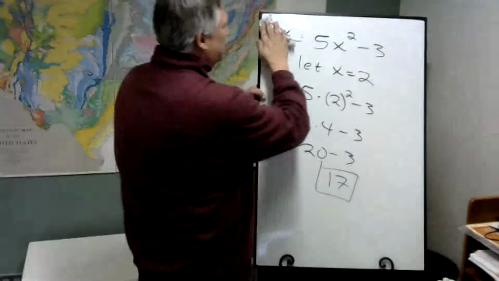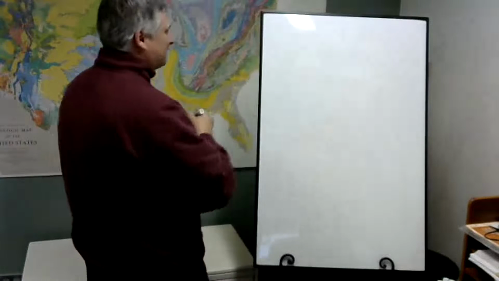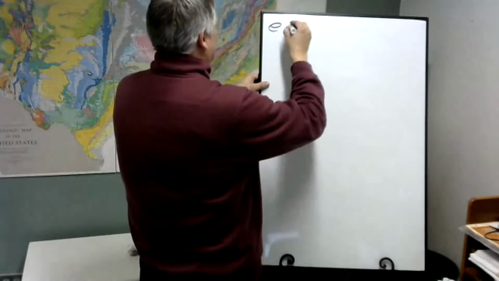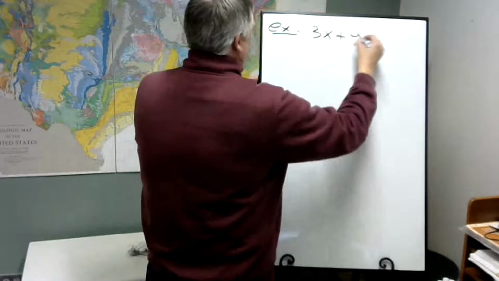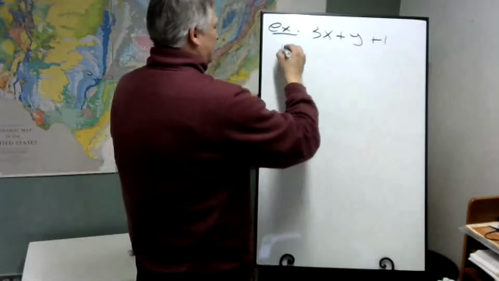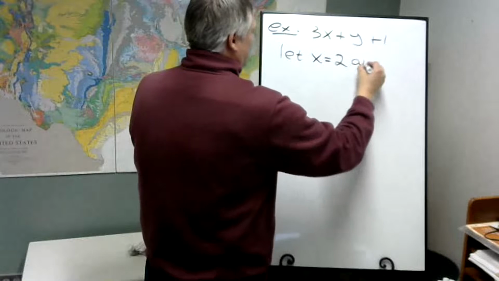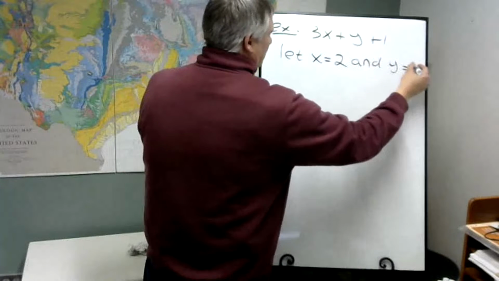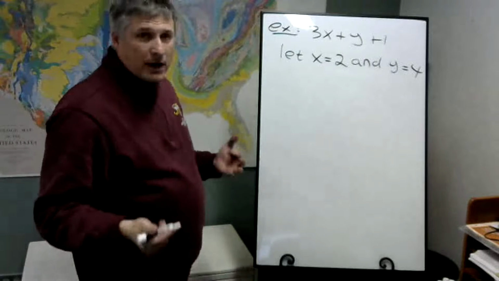A little trickier one. Let's say you have 2 variables, and we let x equal 2 and y equal 4. Well, replace x with 2, replace y with 4.